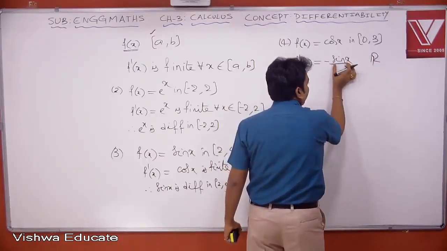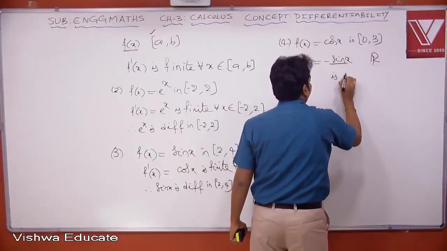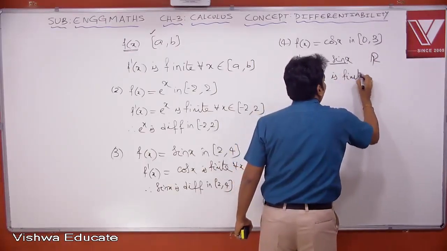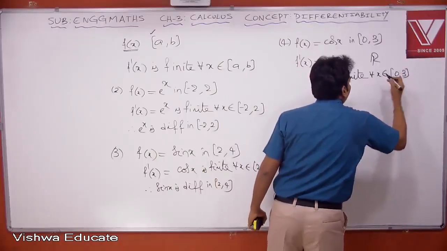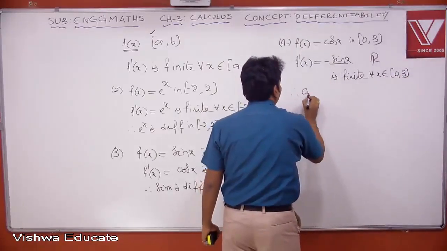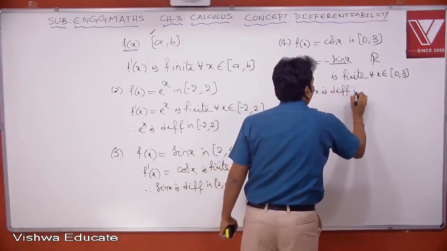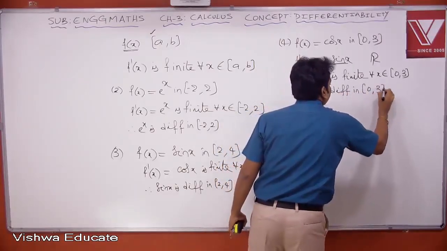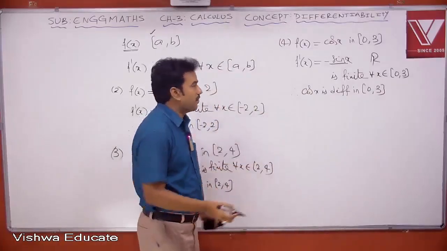That means this is a finite number for all x belonging to this interval. So it is finite for all x belonging to closed interval 0 comma 3. Therefore the function cos x is differentiable in closed interval 0 comma 3.